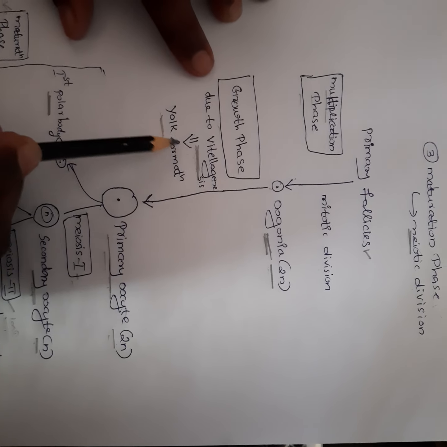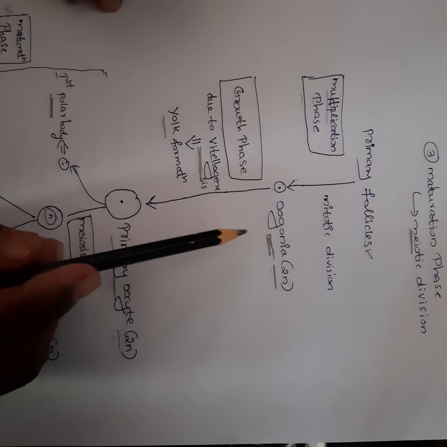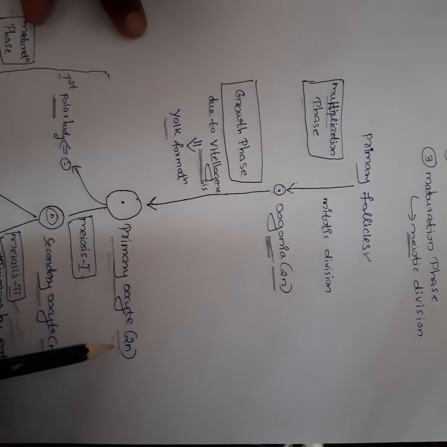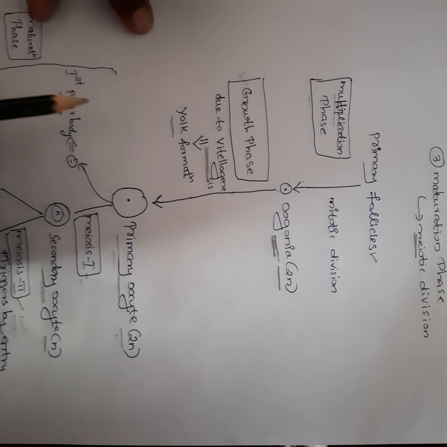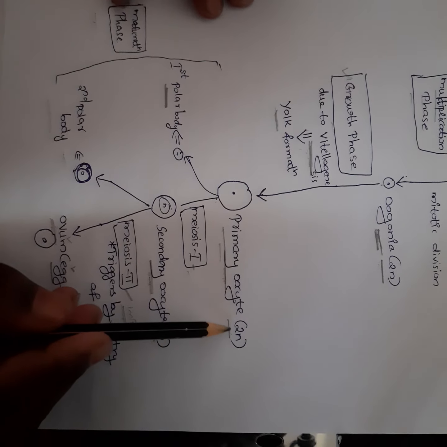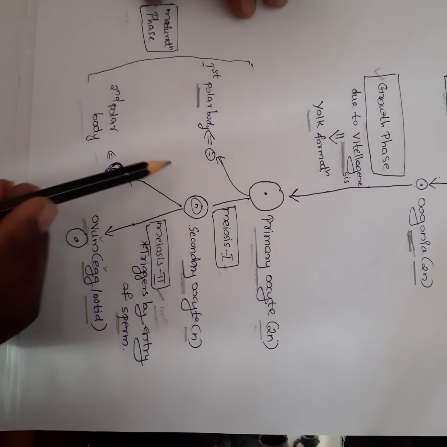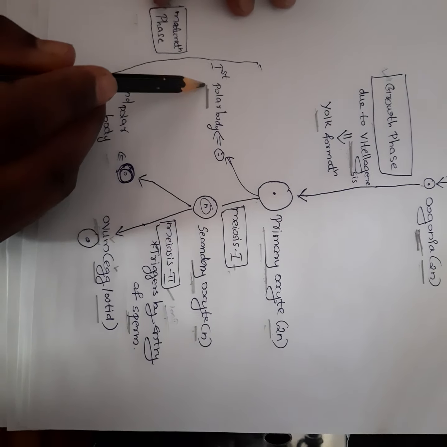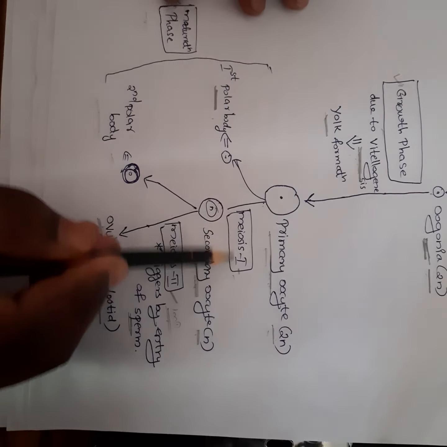The formation of yolk is called vitellogenesis. Due to the production of yolk, the size of oogonia is increased and converted into a diploid primary oocyte during which phase? Growth phase. Then after that, the diploid primary oocyte will convert into a haploid secondary oocyte and first polar body by undergoing meiosis 1.